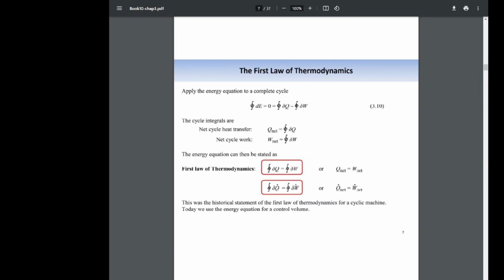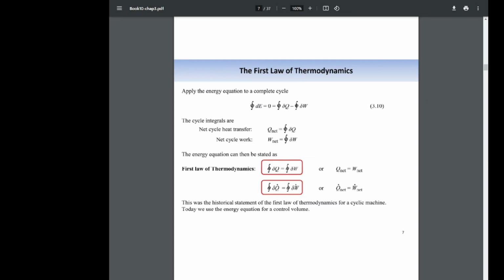So the cycle integral is just written like this. This is the total heat coming into the system, written like this, and then the net cycle work is written like this.